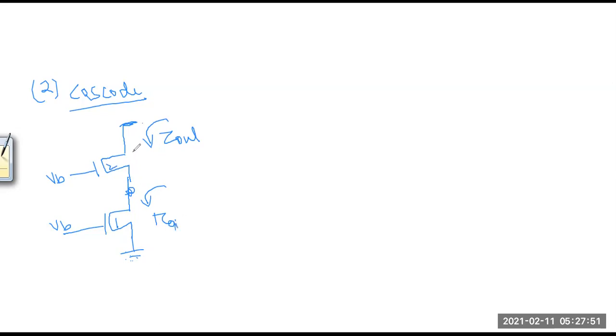Okay. So now from here, what is that value in total? So R01 plus R02 plus GM2 R01 R02.